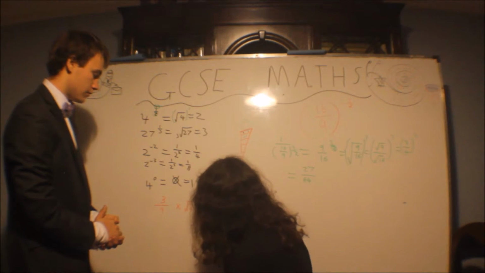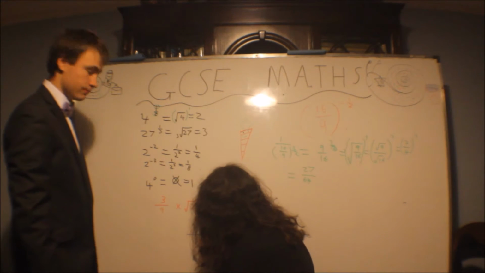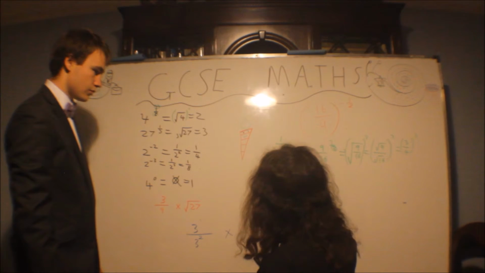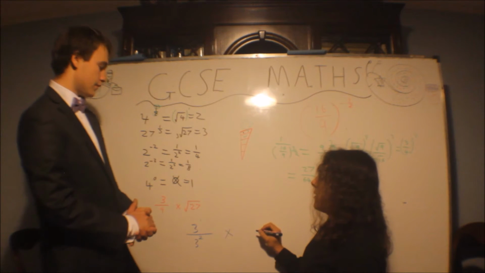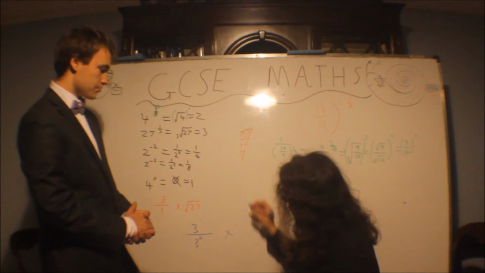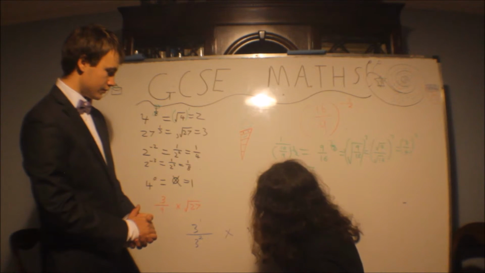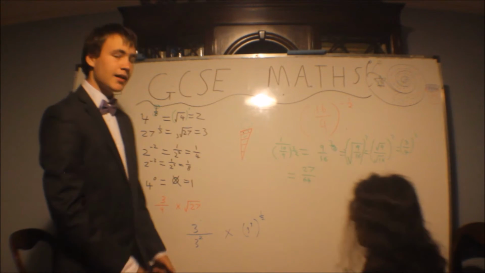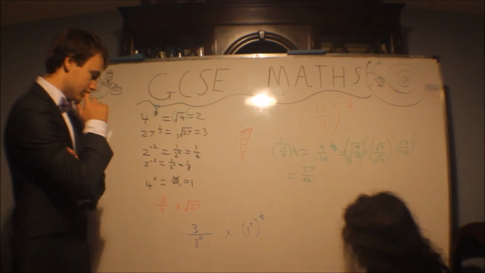So just 3. 9 is 3 squared. And that's times by 27, or root 27, which is... 27 is 3 cubed. So it's 3 cubed to the half. Is that right, Wayne? Damn, I didn't think you'd get that. Oh, well, you know, I've been practicing.